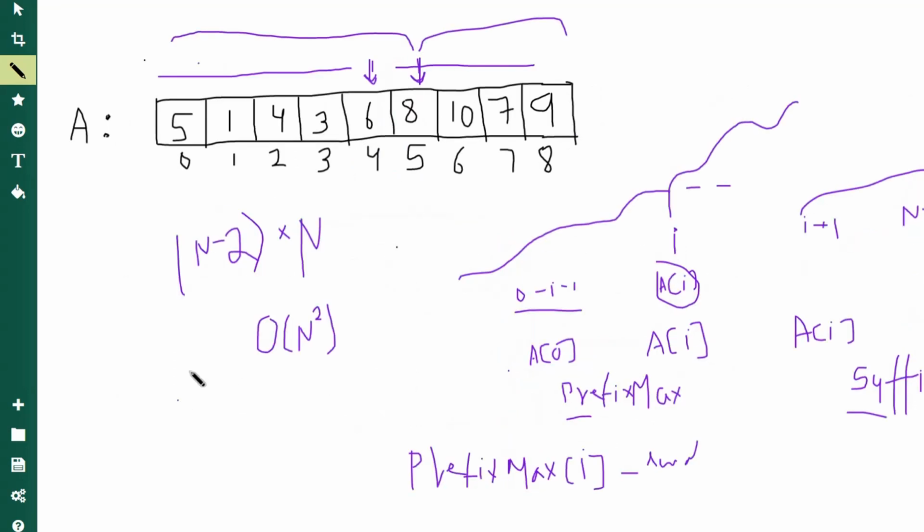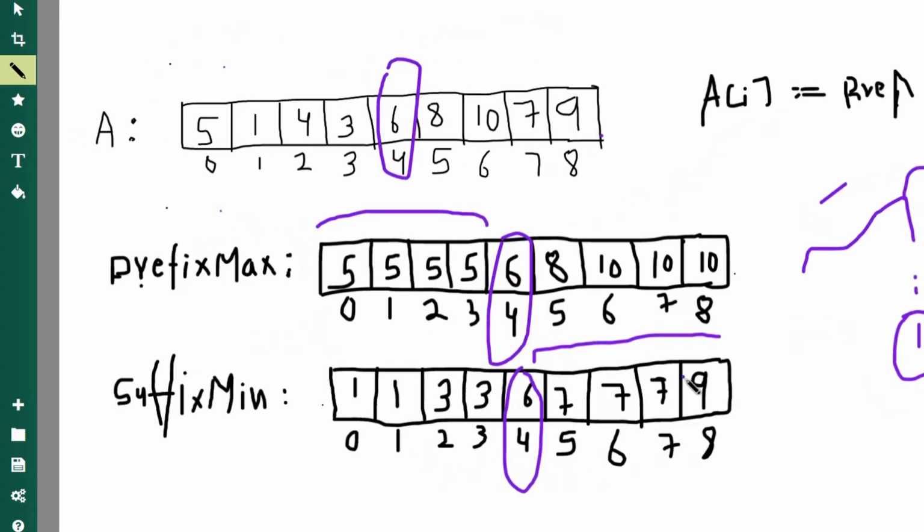So what's the complexity of this approach? We are pre-processing two extra arrays, which are prefix max and suffix min. Pre-processing prefix max takes O of n, plus O of n for pre-processing suffix min, plus O of n for linearly traversing the array ai.